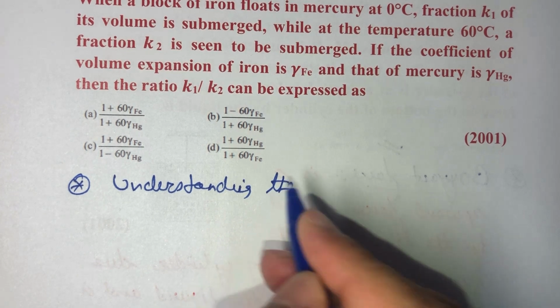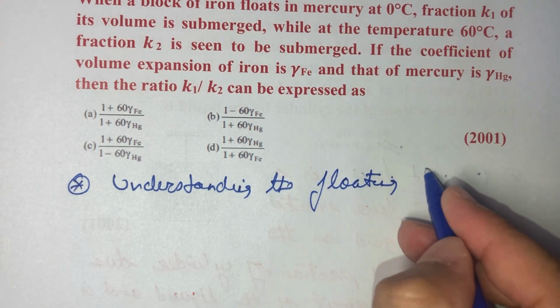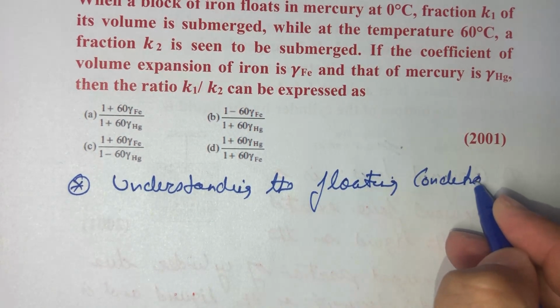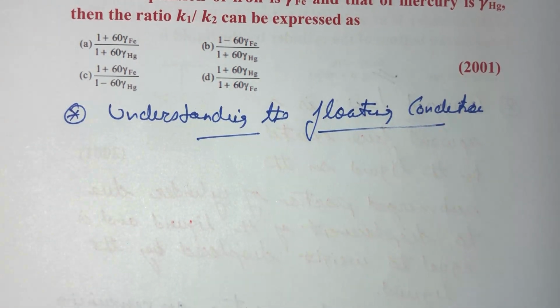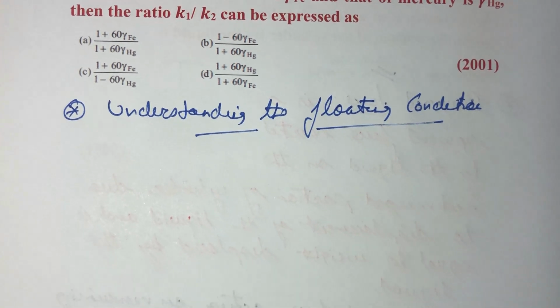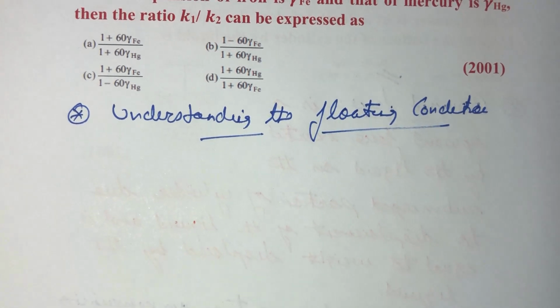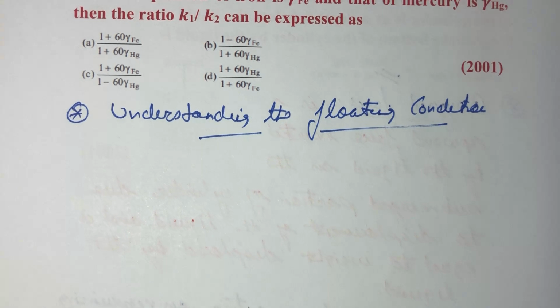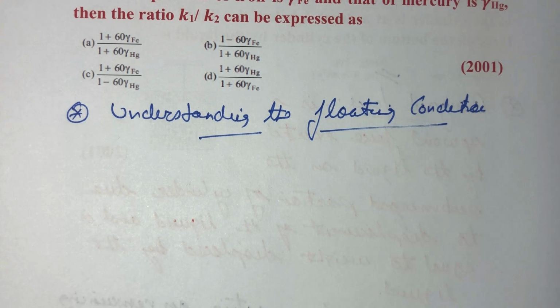In case of the floating condition, the weight of the displaced liquid, in this case it is mercury, is equal to the weight of the object. Here the object is iron block, and the liquid is mercury.